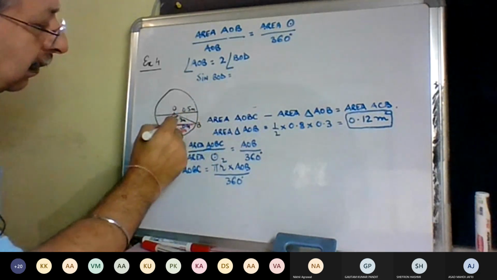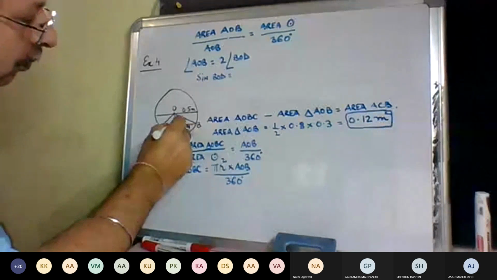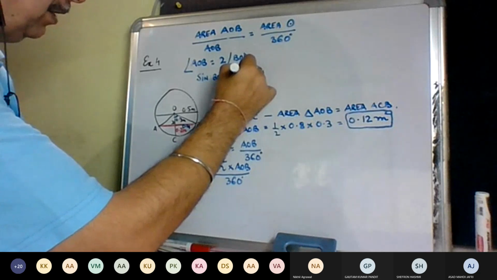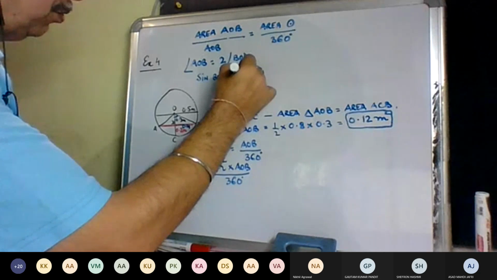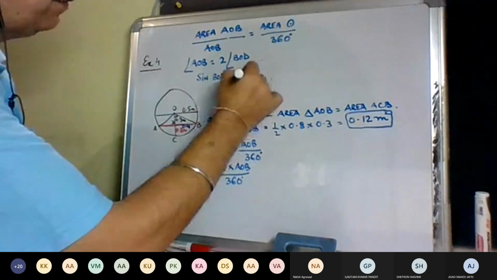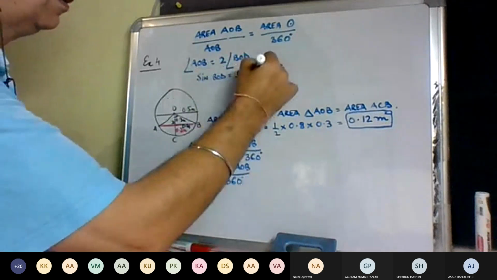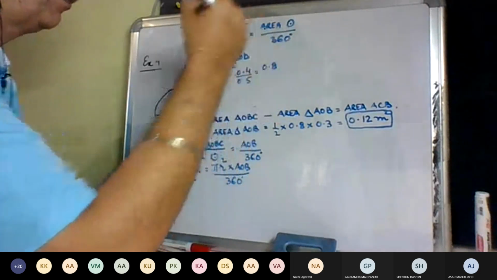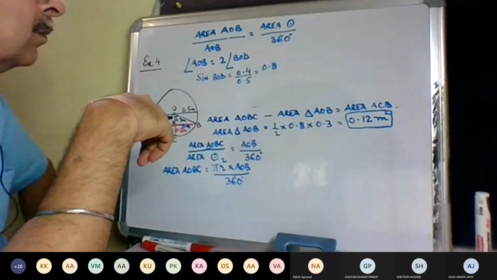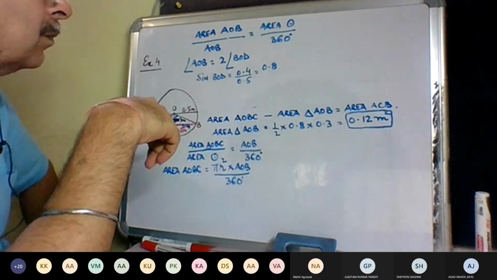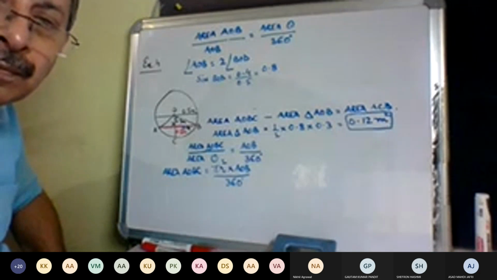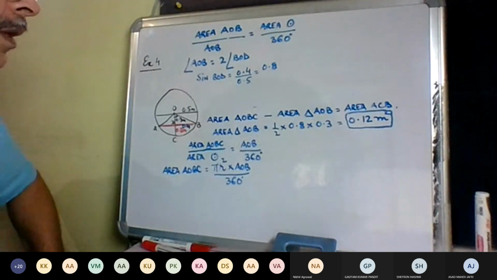Sine of this angle will be equal to perpendicular over hypotenuse, which is 0.4 divided by 0.5, equal to 0.8. Agreed or no?